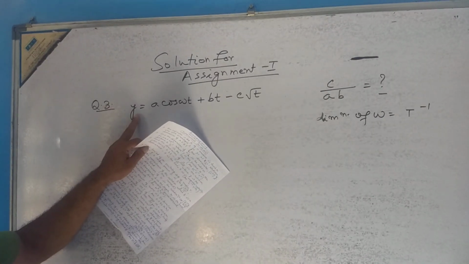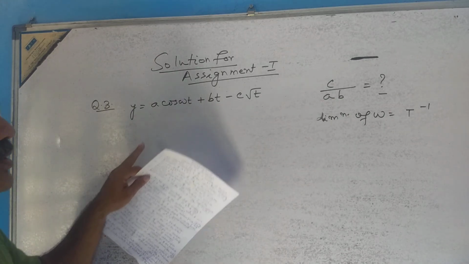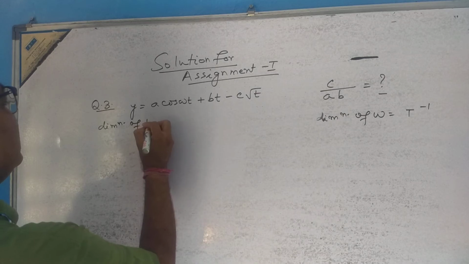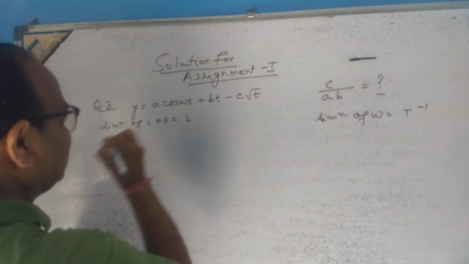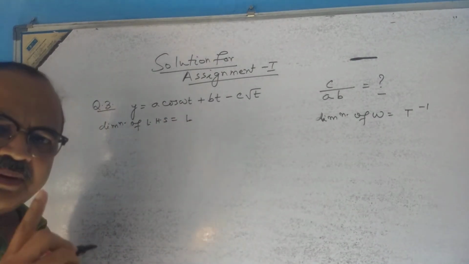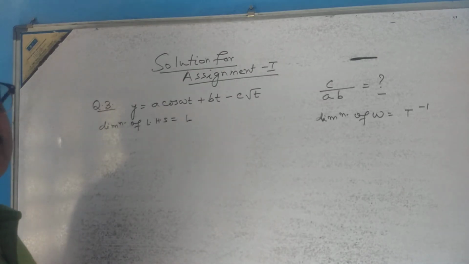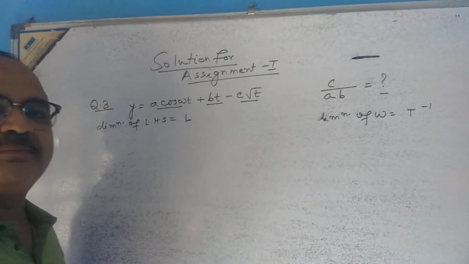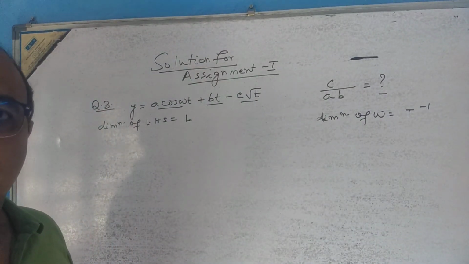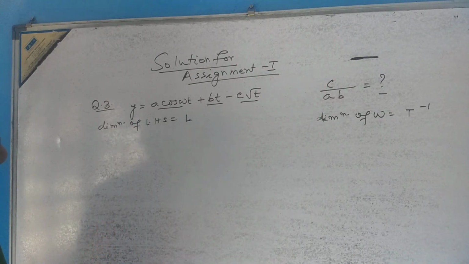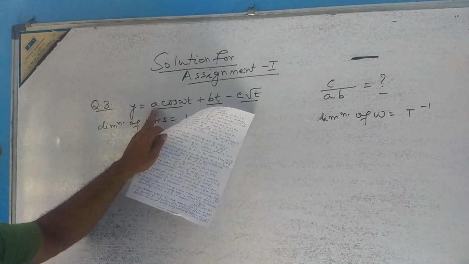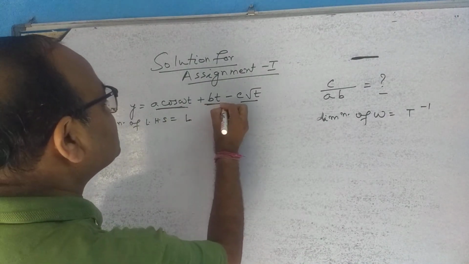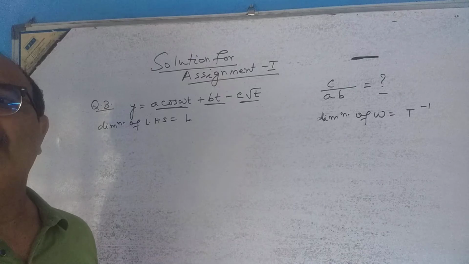That is, the dimension of the left hand side is L. I hope you remember, according to the homogeneity principle, every term should have the dimension of L. This should be L, this should be L, and this should also be L.